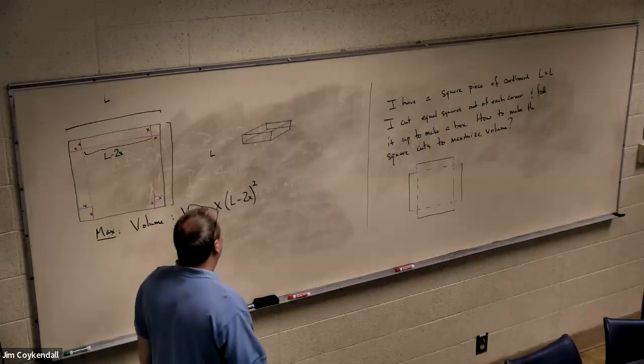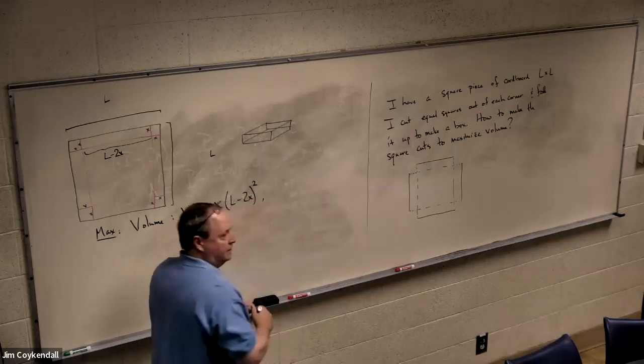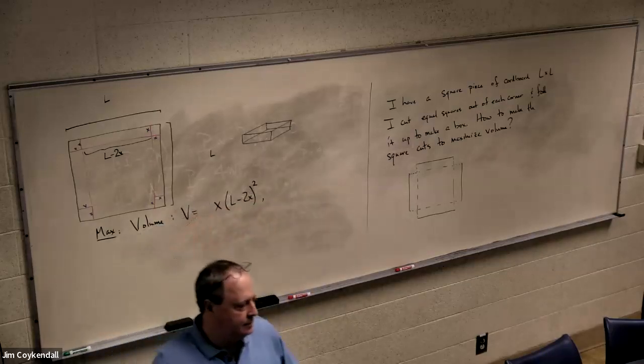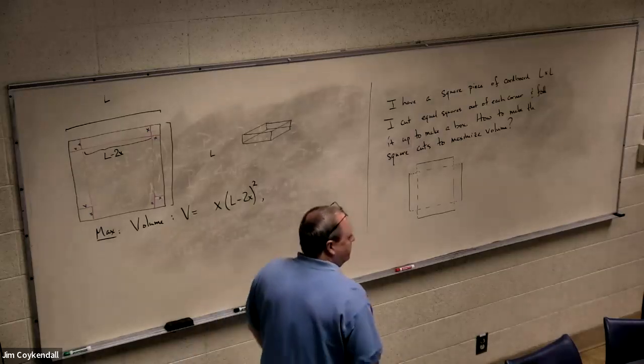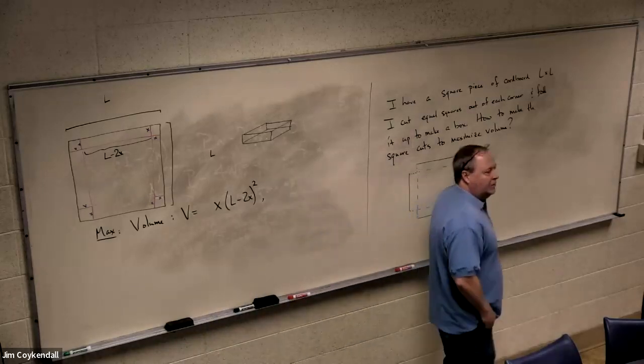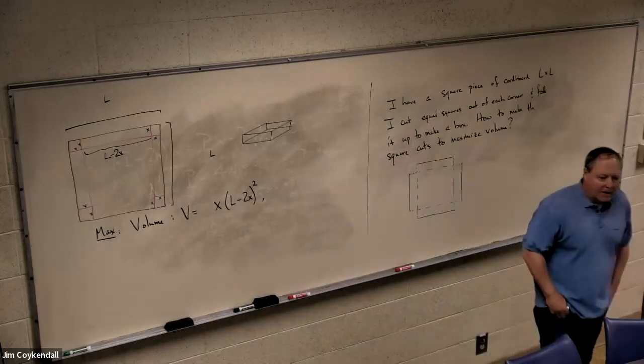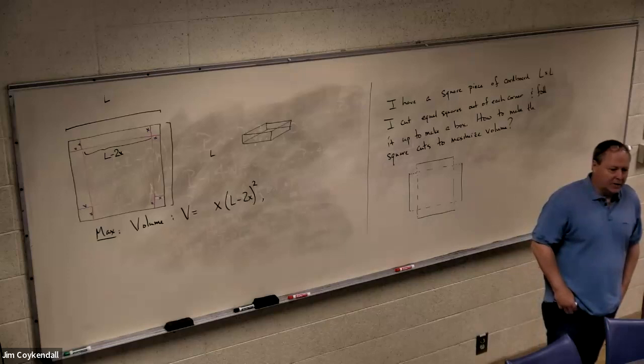Okay. What should we do now? I've got a function. I know I want to maximize it. There's an important part of the problem that we should probably tackle before we move off into calculus land and start taking derivatives.